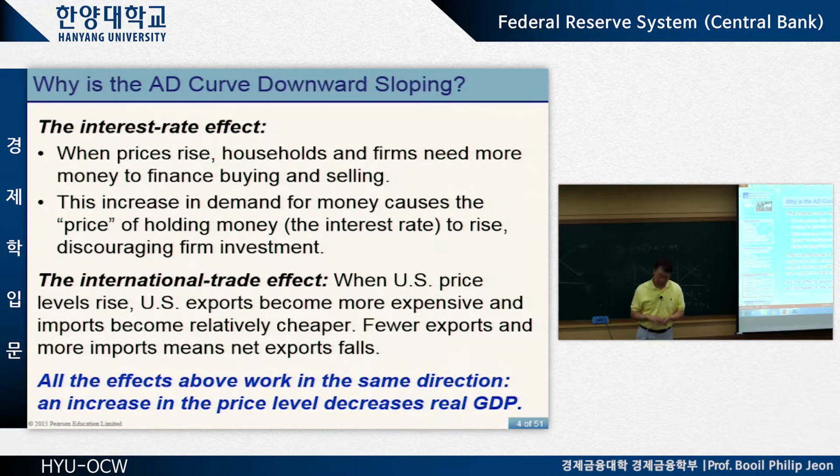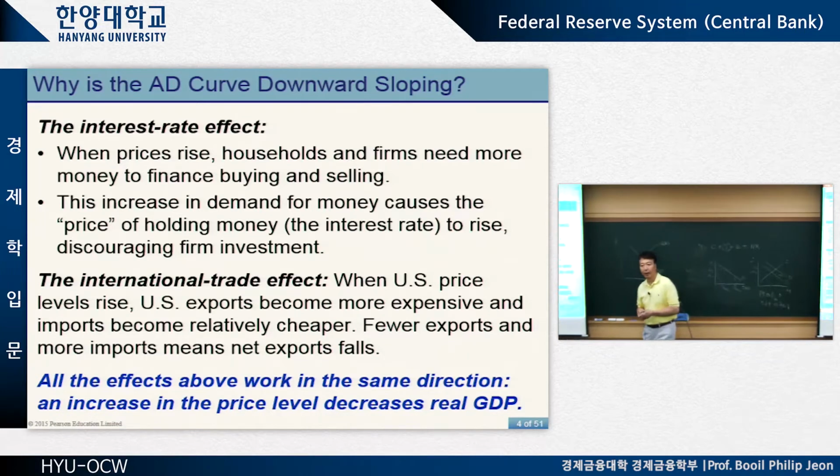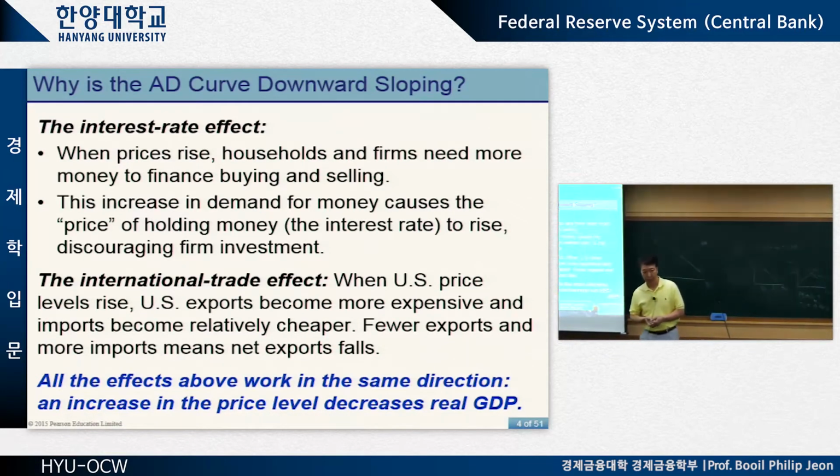Right? Finally, the international trade effect. When the domestic price level rises, if everything becomes more expensive in South Korea, for example, then South Korean exports become more expensive to foreigners. And that means exports from South Korea will decline.